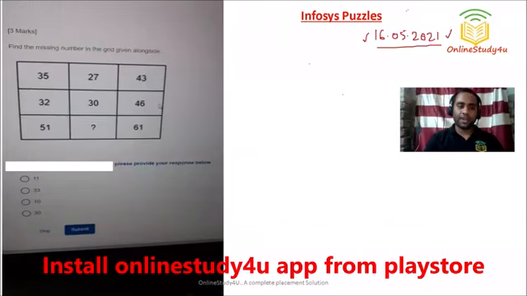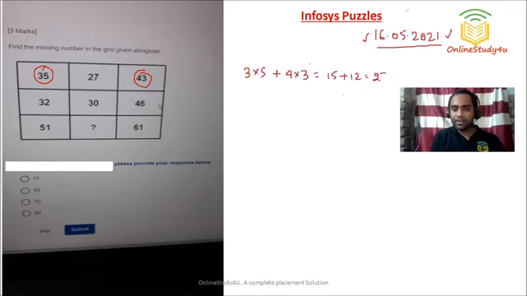Friends, in question number 1, we have 35 here, then 27, 43, 30, 46, 51 and 61. If we multiply this 3 into 5, plus 4 into 3, it will become 15 plus 12, equal to 27.